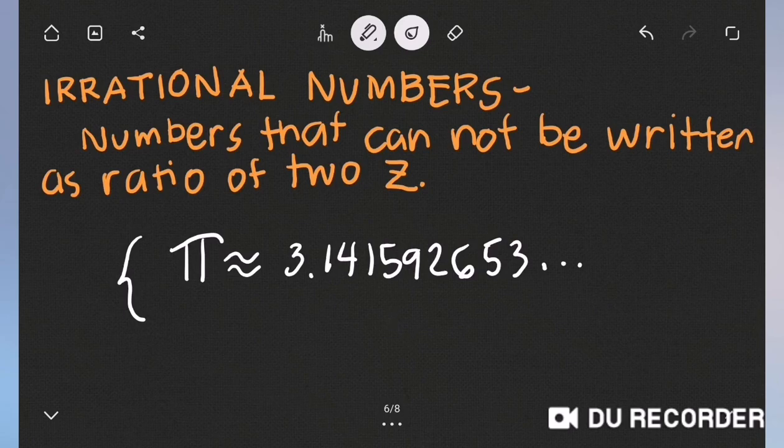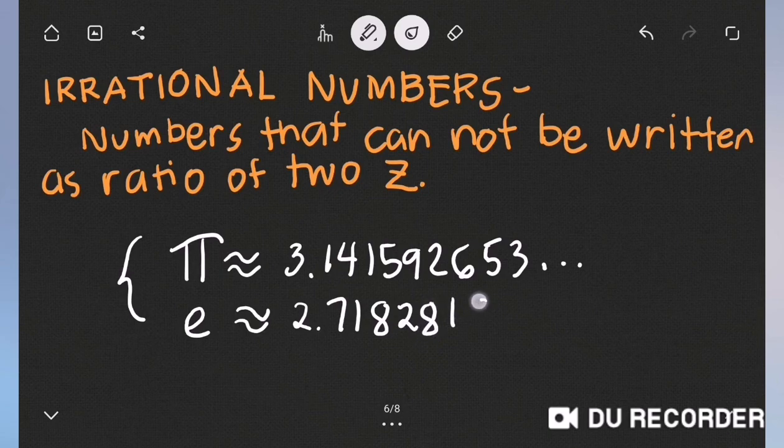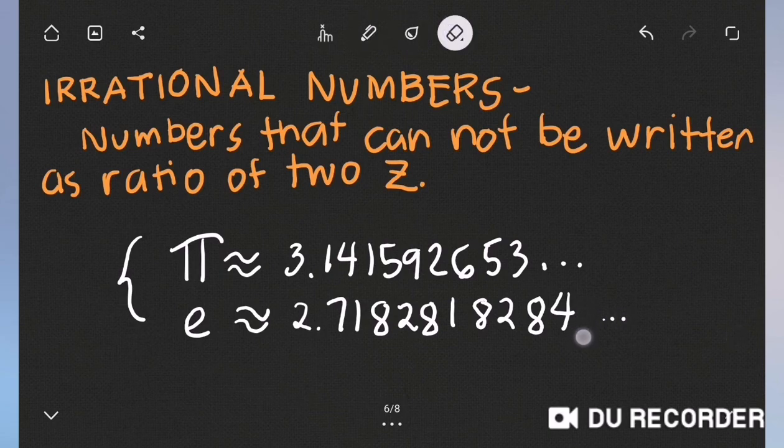Another one is what we call the Euler's number. Approximately, ang Euler's number is equal to 2.7182818284 and so on. So ang binibigay ko lang, classmate, ay yung part nung equivalent nung ating irrational numbers. Hindi siya yung exact.